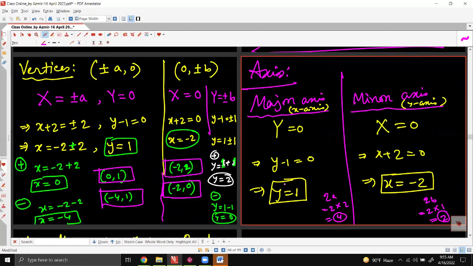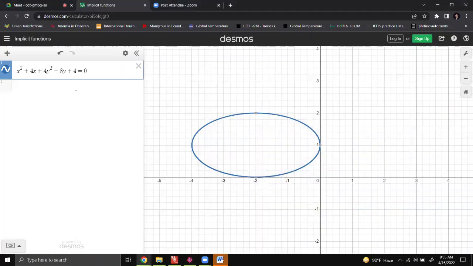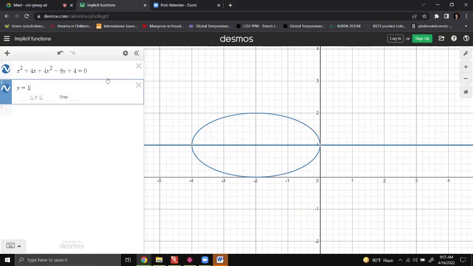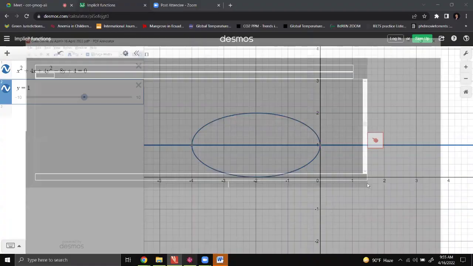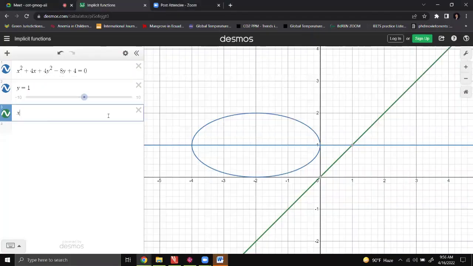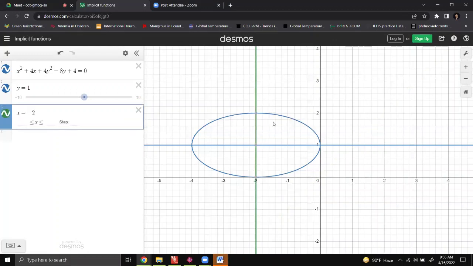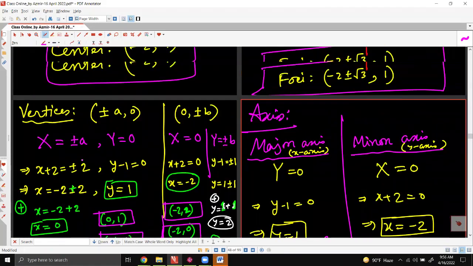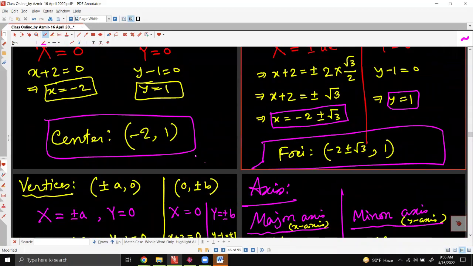Major axis is y equals 1. So if we draw y equals 1, this is the major axis, you can see. Minor axis, x equals minus 2. We have found x equals minus 2. Let us see. Yeah, we have the minor axis. And this is the center. The center is at minus 2 comma 1 point.